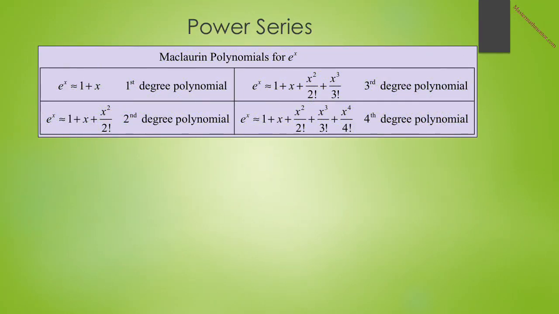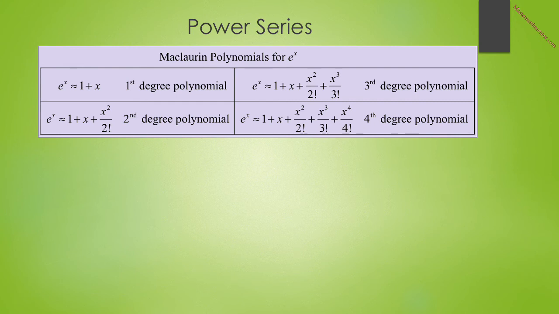A number of chapters ago, we introduced the idea of approximating functions by their Maclaurin and Taylor polynomials. For example, we showed that f of x equals e to the x can be approximated by its Maclaurin polynomials. The first degree polynomial is e to the x is approximately equal to 1 plus x.